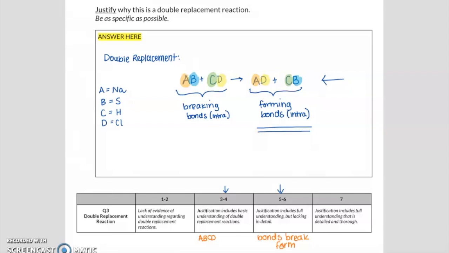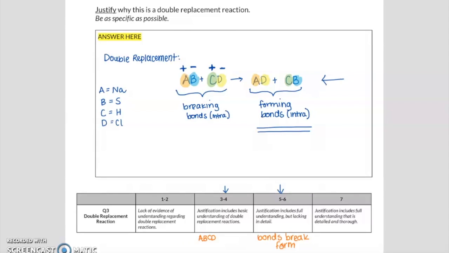We know that in a molecular formula, you always list the cation or the positive ion first. So that means that our positive cation must be A, paired with a negative anion, B, and then C, a positive cation, paired with a negative anion, D.